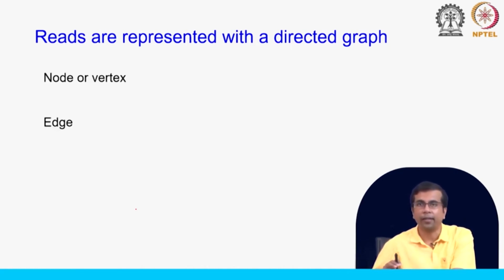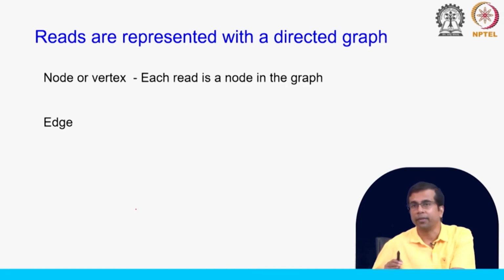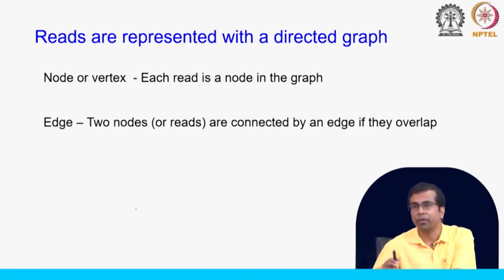As part of the graph we have nodes, or vertices, and edges, as we have discussed very briefly. Each node is a read. A read is represented as a node in the graph, and two nodes, or reads, will be connected by an edge if there is sequence overlap between them.